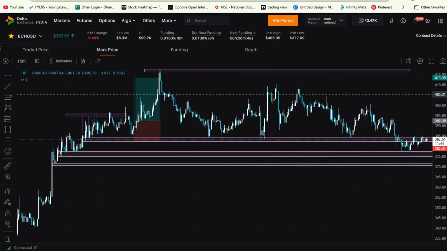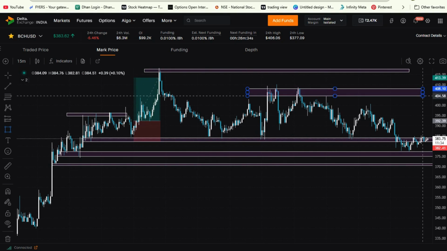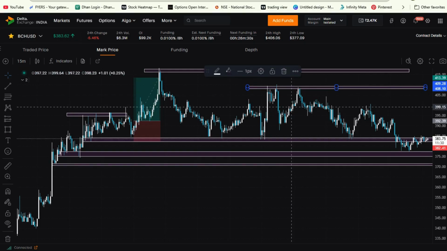So the price came over here and the price has given a stop over here. So you can mark this as your resistance level. Okay. So this is our resistance, this is our support.